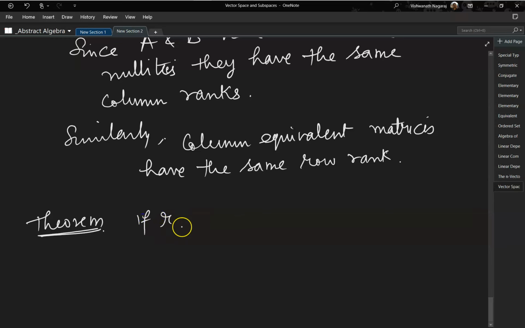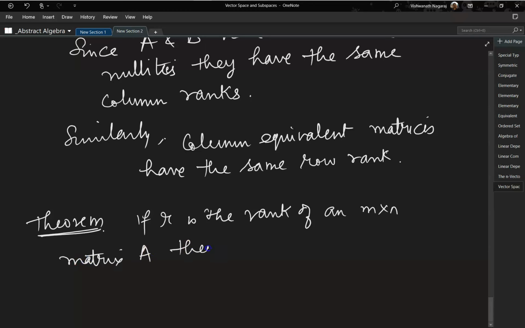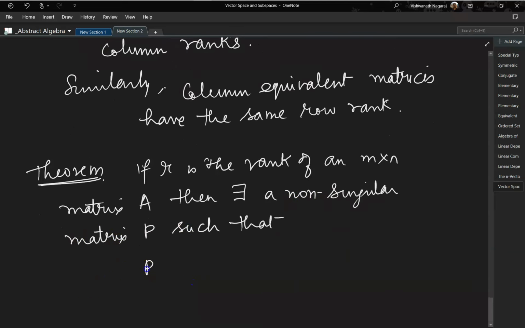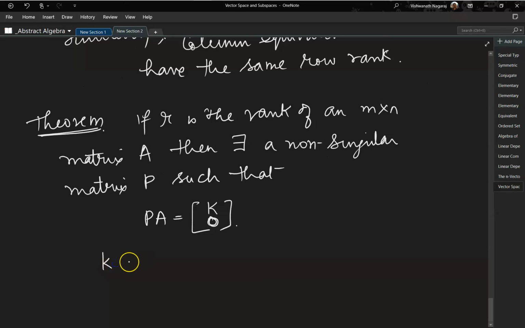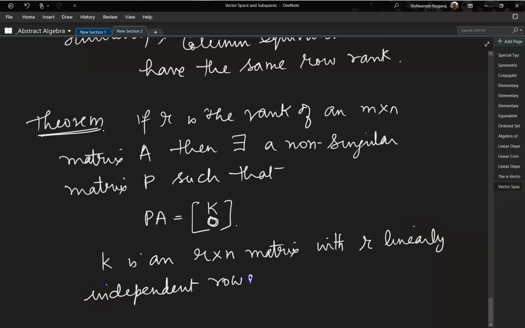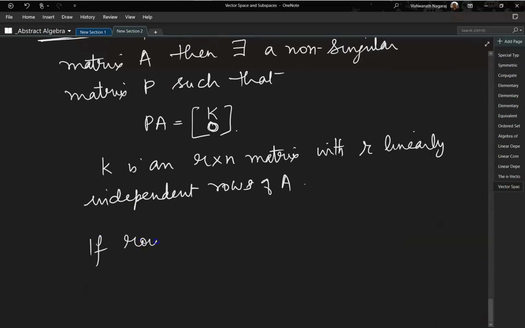If r is the row rank of an m by n matrix A, then there exists a non-singular matrix P such that PA is equal to [K; 0], where K is an r by n matrix with r linearly independent rows of A. Now, if row rank r is 0, nothing to prove, because then PA will be equal to 0.